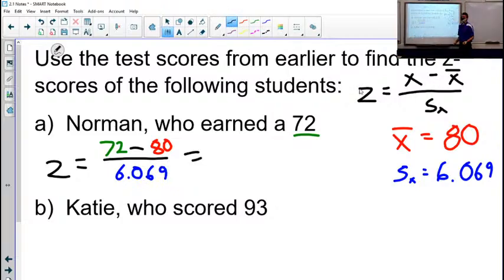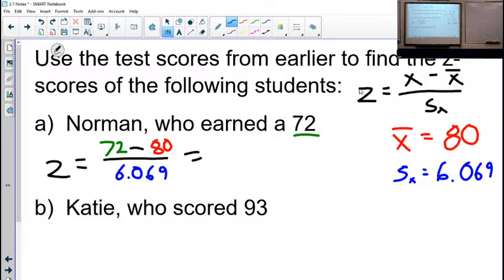Usually, for a reason that we'll talk about in the next section, your z-scores are going to go to the nearest hundredth, so 2 decimal places. As we just talked about, since our score is below the mean, our z-score should come out to be negative.